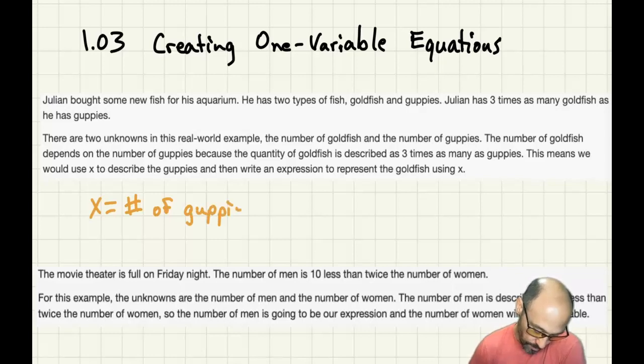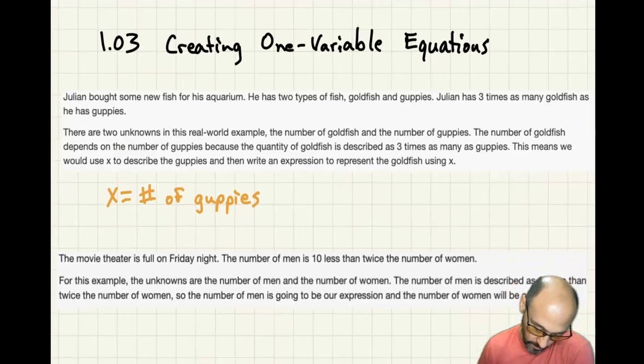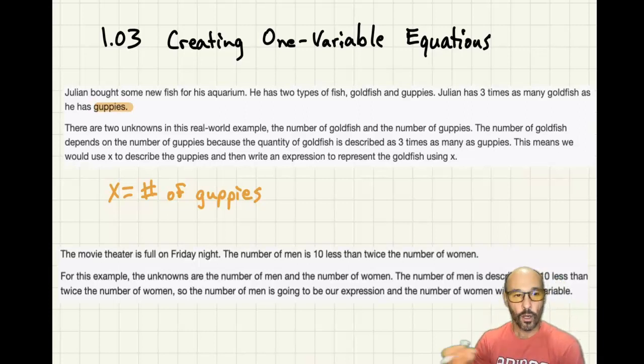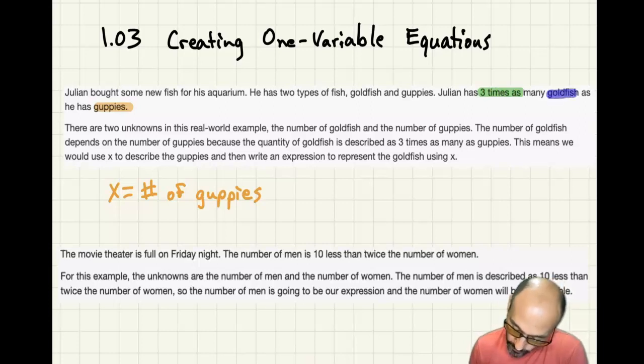And so because I have some colored tools here, I like to do, if we look at the original equation, he has guppies. So guppies is going to be the thing that we don't know, our x. There are 2 things we don't know, but guppies will be x. And the number of goldfish depends on the number of guppies. So Julian has 3 times as many goldfish.